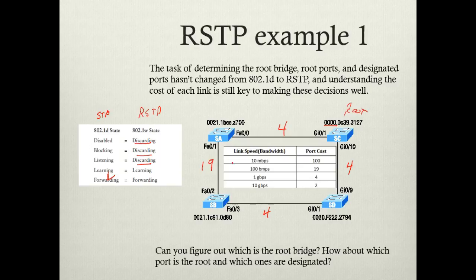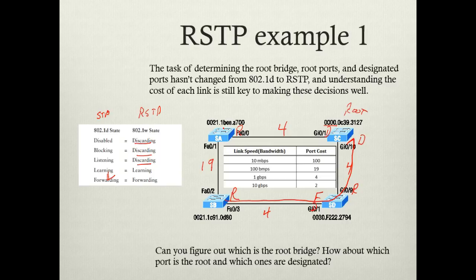The fastest path for this one will be this way, so this will be the root bridge. This will be the forwarding, or the designated port, the root port, the designated port. I'm going to call them designated because that's what spanning tree calls it. This will be a designated port, a root port.